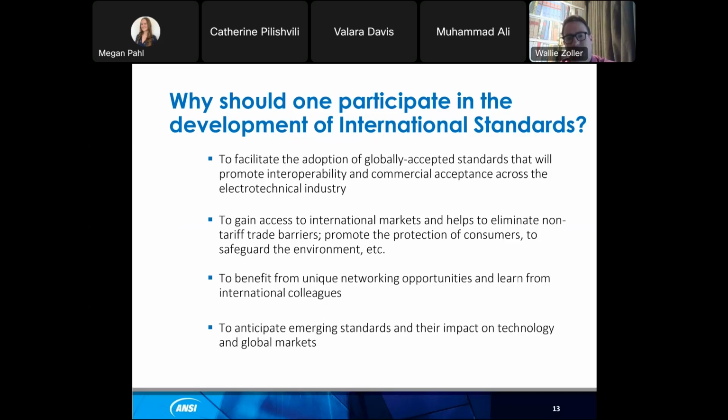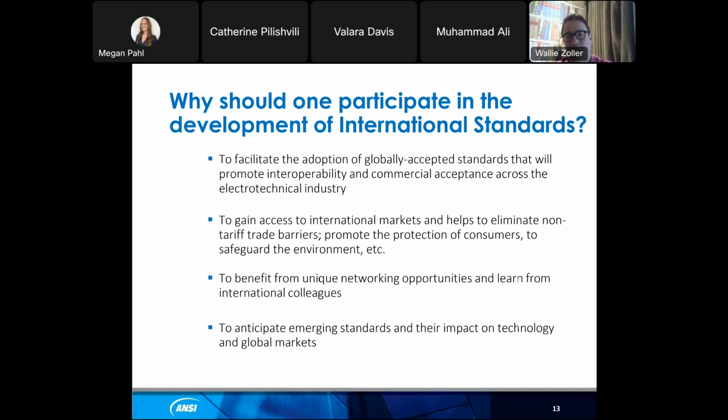So why should one participate? The first, again, is to facilitate the adoption of these international standards or technical reports or other products that the IEC is able to produce. Your ability to participate in them is critical to your work, whether you're a consultant, whether you work for a company, or whether you work for a consortium, to make sure that you're part of that process.